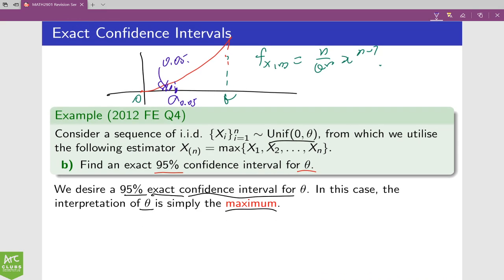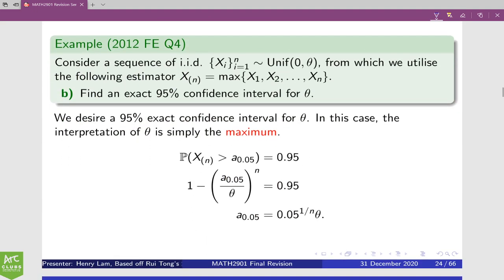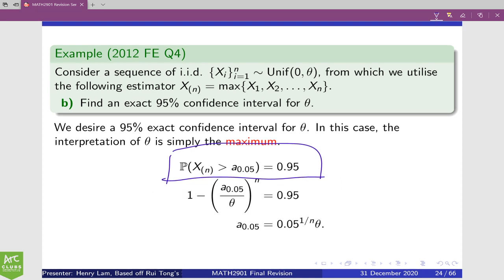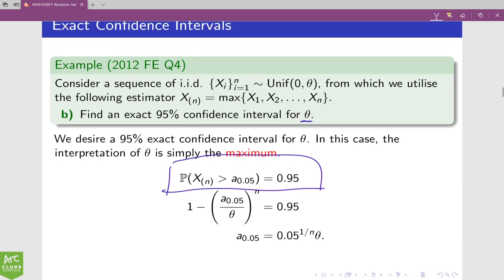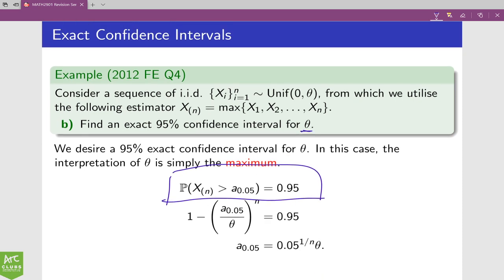That's the reason I look at this particular region: I want to find the critical point such that this is 95%. And the reason I look above is because that's the interpretation of theta. It's the maximum, so I don't want to look for the minimum or anything like that.